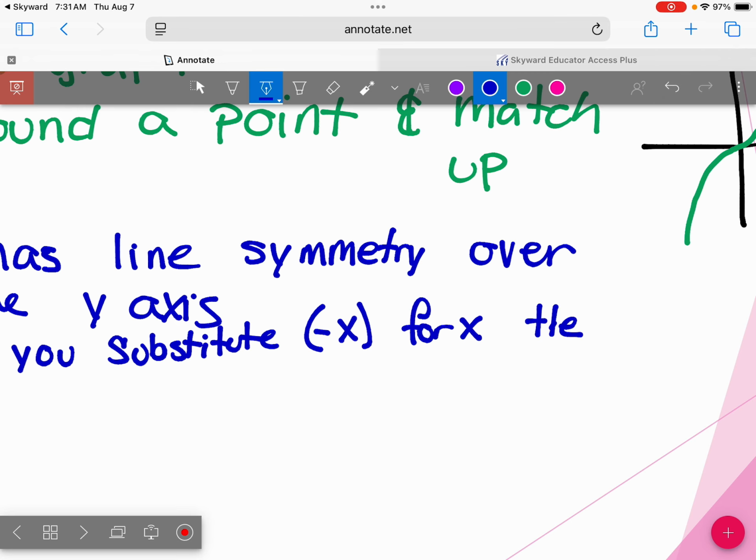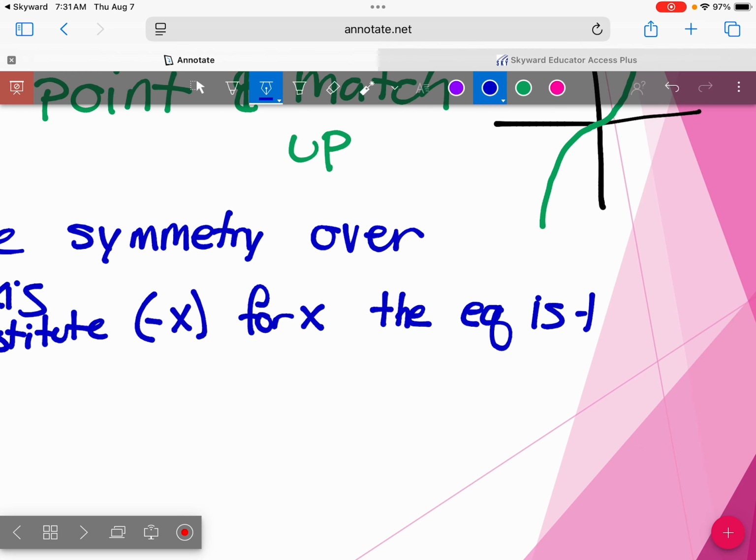The equation doesn't change. The equation is the same.